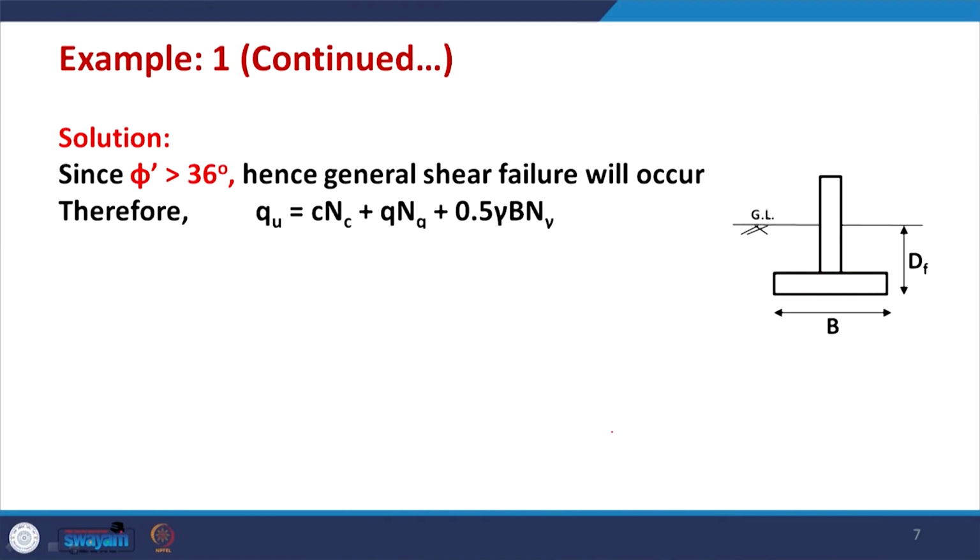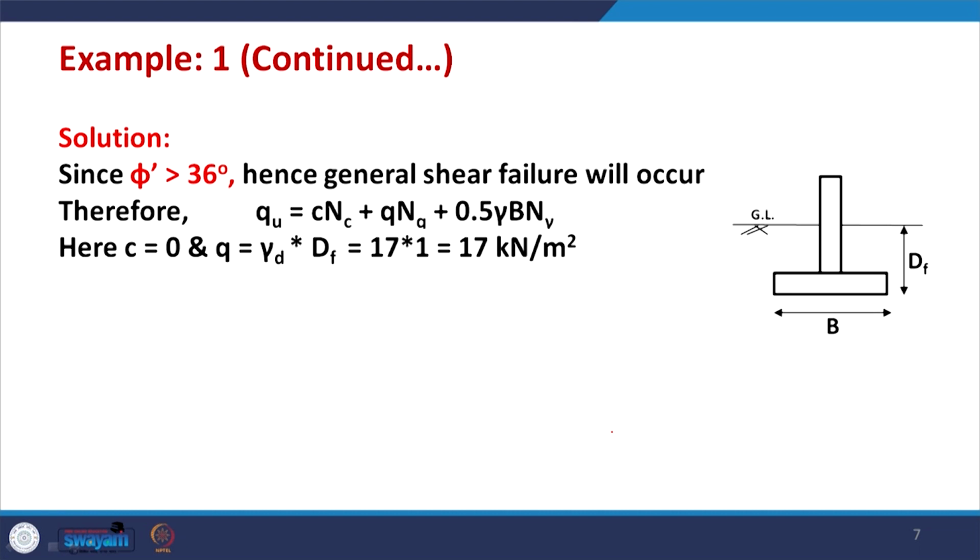You have to see the figure, in this figure B is the width of the footing and D f is the depth of the footing, simple. According to Terzaghi's theory, the ultimate bearing capacity is given by this relation: Q u equal to C N c plus q N q plus 0.5 gamma B N gamma.